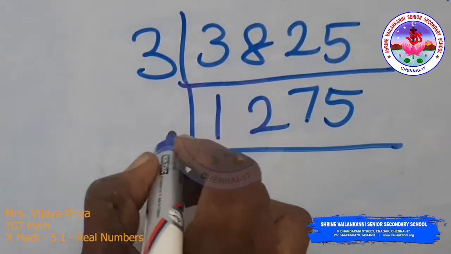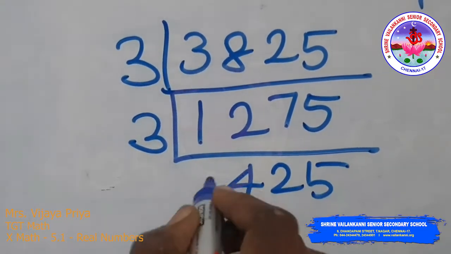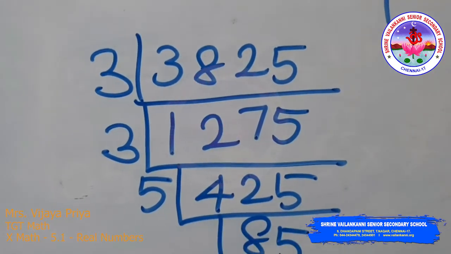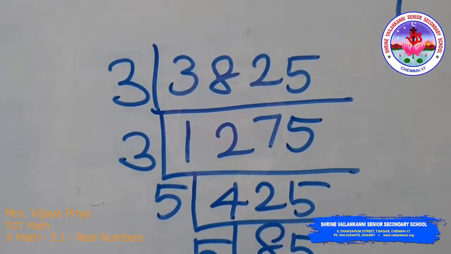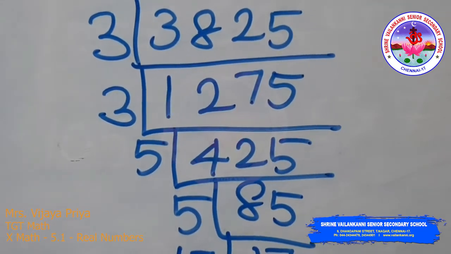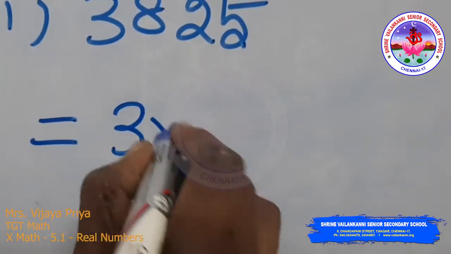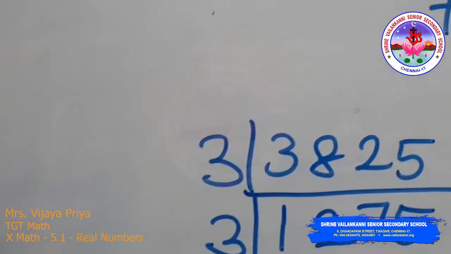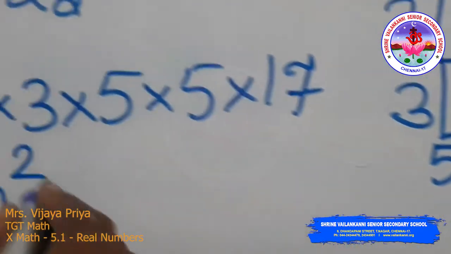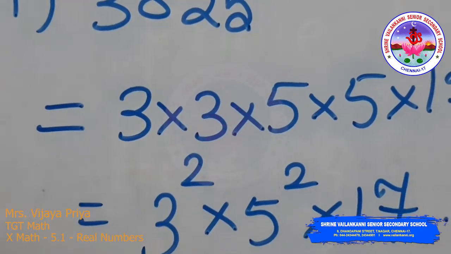Again 3 times, you get 425. Again 5 times, it will go 85. Again 5 times, it will go 17. So 17 one time. Thus 3825 can be written as 3 into 3 into 5 into 5 into 17, which is equal to 3 power 2 into 5 power 2 into 17.